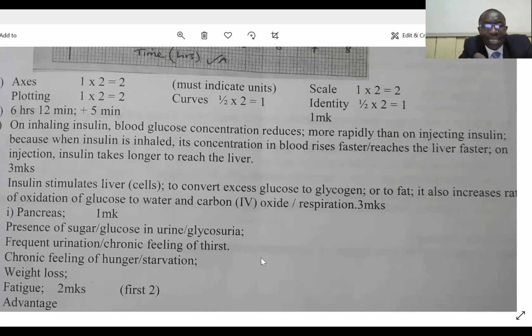So that is the explanation for that point. So the marking point is that it is more rapid because when insulin is inhaled, its concentration in the blood rises faster or reaches the liver faster than when it is injected. That is the only concept an examiner expects a student to know at that level.